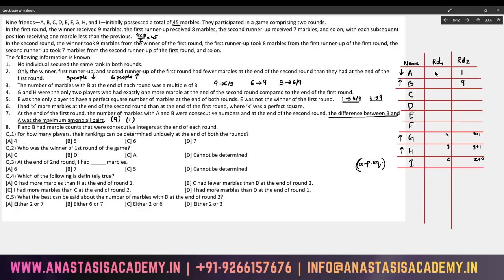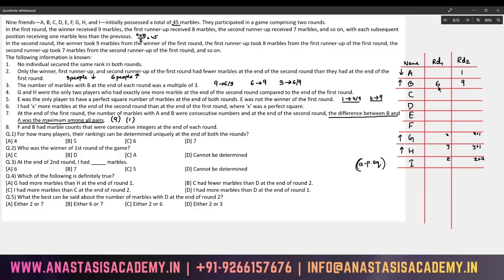But if he had 4 or 2 marbles in the first round, his number of marbles would not have gone down. In either case, his number of marbles should have gone up. It is not possible for B's marbles to be 3 in round 1. It can only be 6.